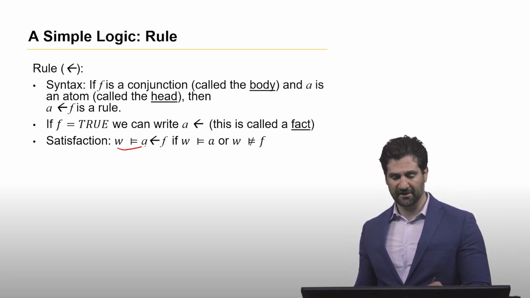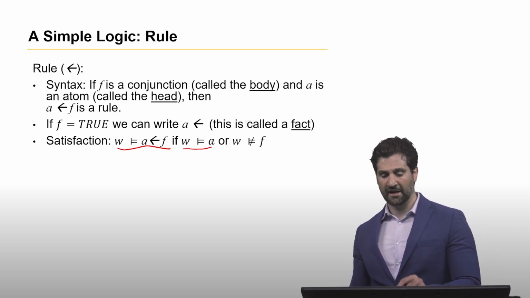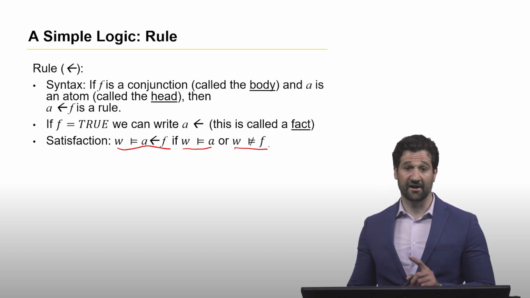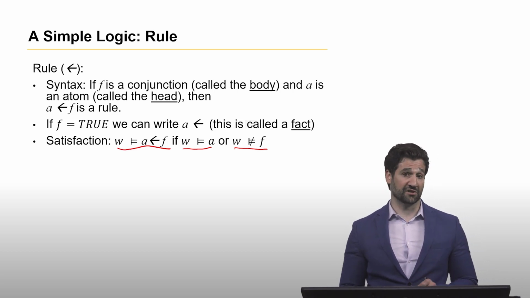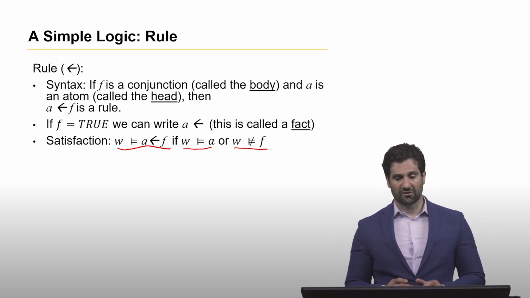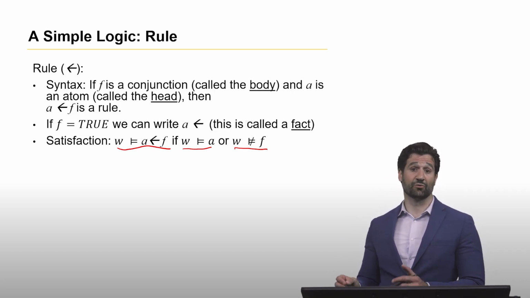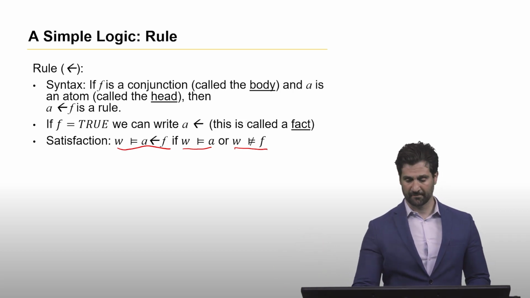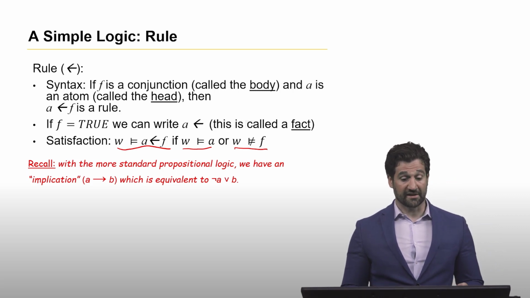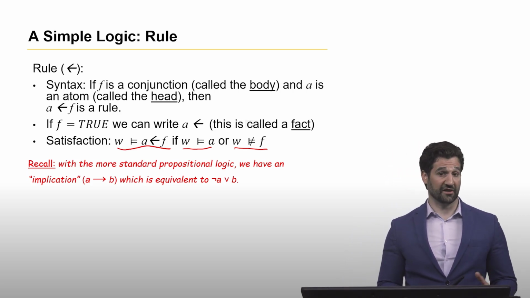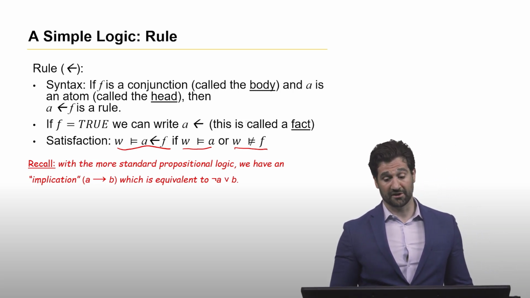We say a world satisfies F then A if the world satisfies A or the world does not satisfy F. Now, this is different than an implication because a world not satisfying F is not necessarily the same as the world satisfying the negation of F. And so with the implication, we have A then B, so you can think of F then A in our case, which would be logically equivalent to not A or B.